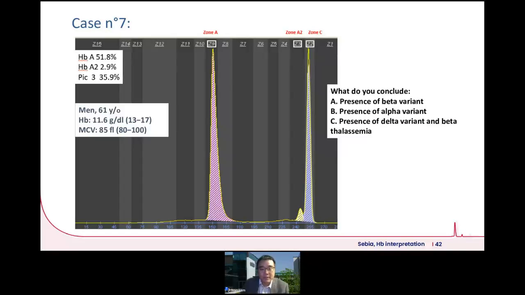So how about this case? You see a major peak in hemoglobin zone C. Okay, and hemoglobin A2 percentage is within the reference range. Okay, so major splitting, it's most likely the presence of a beta variant.